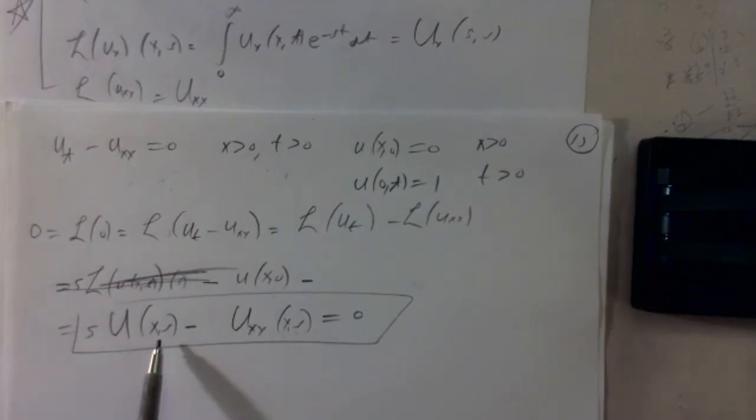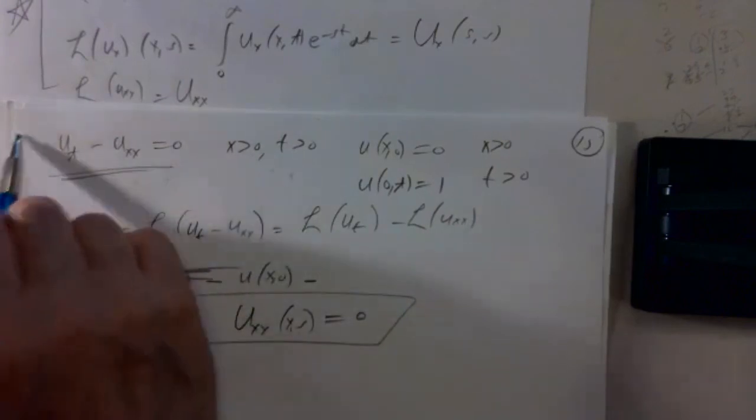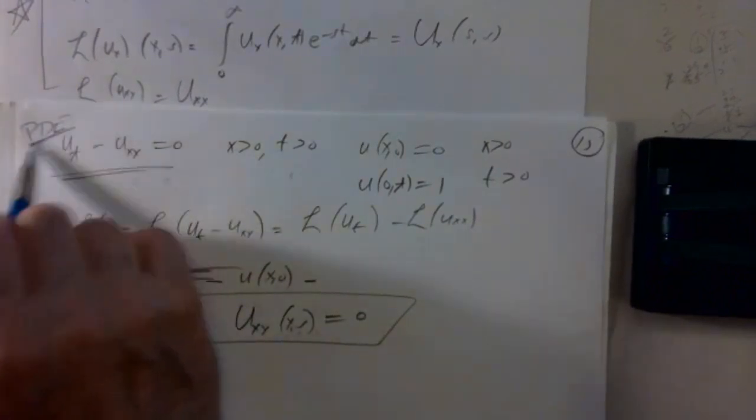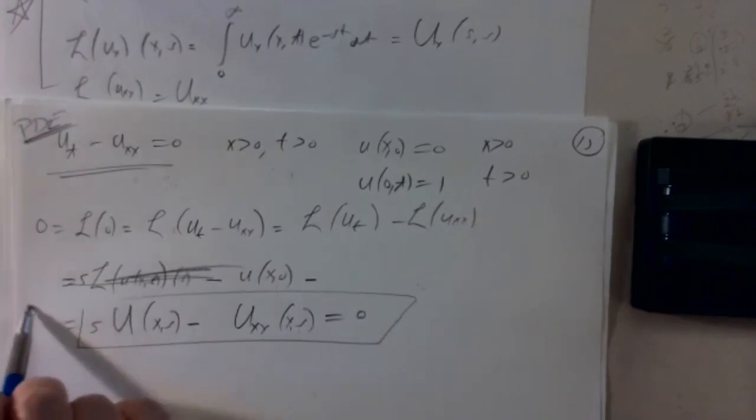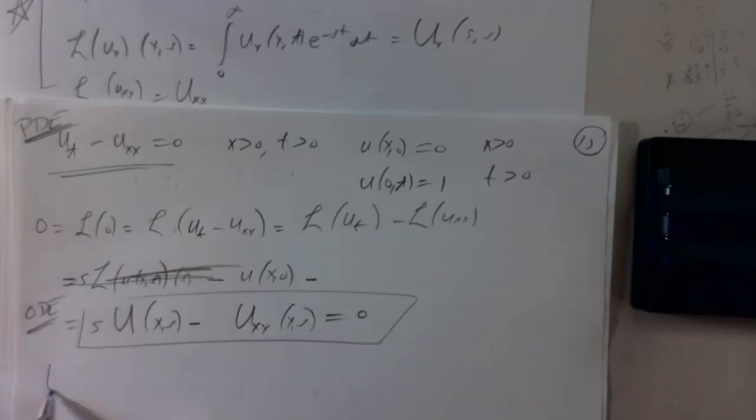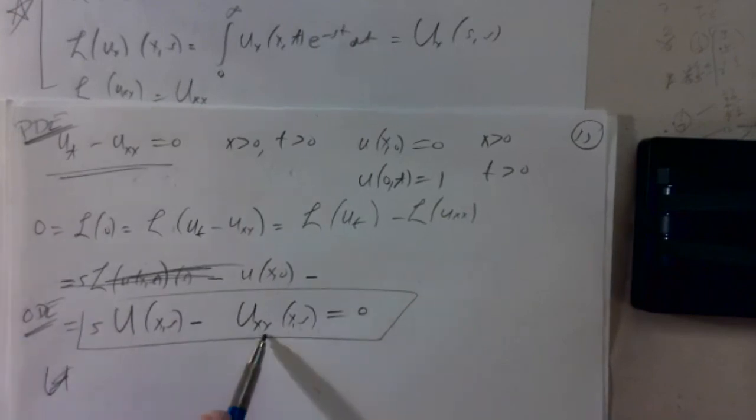But we start with this partial differential equation. And when we take Laplace transforms, this is an ordinary differential equation in the function U as a function of x. So this is an ordinary differential equation for U with respect to x.